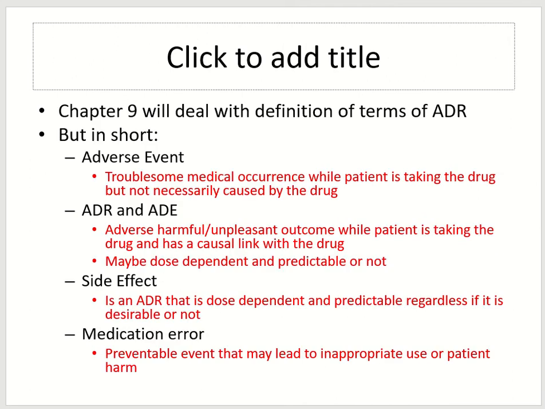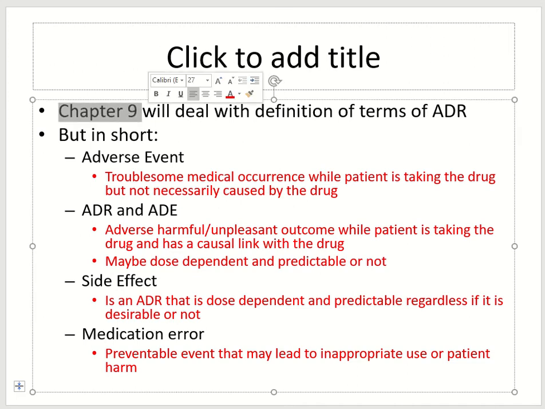The author points out that he's going to address adverse drug reactions in Chapter 9. However, he gives a short introduction or a definition of adverse event, adverse drug reaction, side effects, and medication error. Adverse event is a troublesome medical occurrence while the patient is taking the drug, but not necessarily caused by the drug. Whereas when it's directly linked to the drug, it becomes an adverse drug reaction.